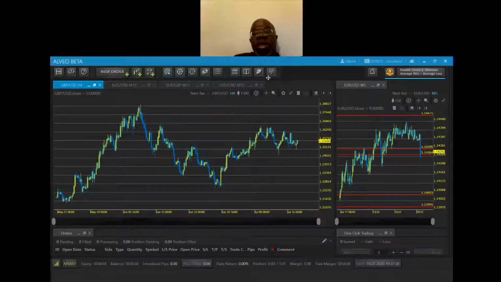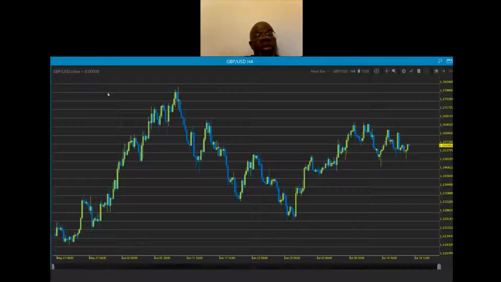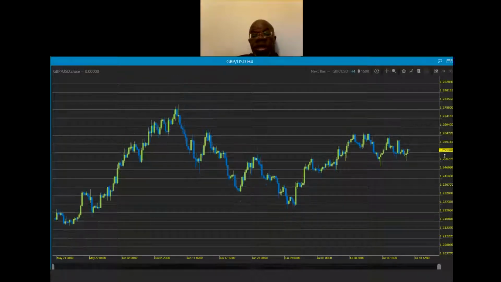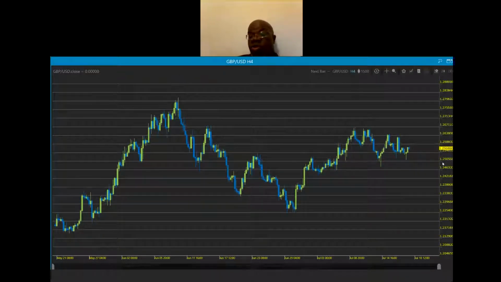So this is your typical chart. What I will do is look at this left-hand side. In fact, I think I'll just make it bigger. All right. So here is what we have. Now, if this is a 4-hour chart, over the weekend you try and use the bigger time frame to do your planning.